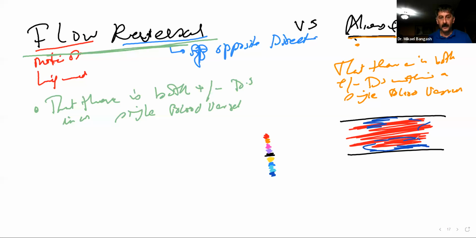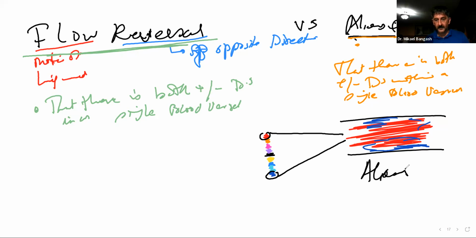What is it that we see in this blood vessel? We see colors from two extreme poles within that blood vessel. Did that make sense? So this vessel here displays what you call aliasing.